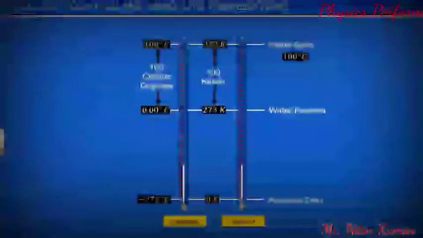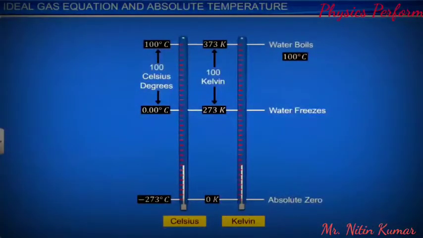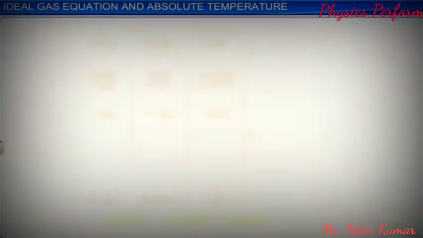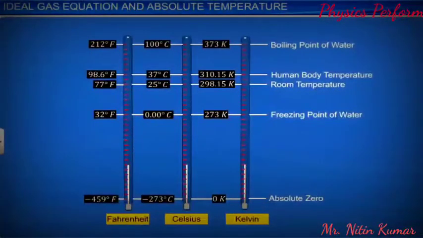The relation between the absolute temperature and Celsius temperature is expressed as T is equal to Tc plus 273.15. Here is a comparison between the Kelvin, Celsius and the Fahrenheit temperature scales.